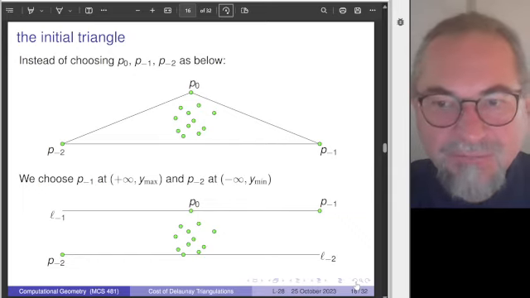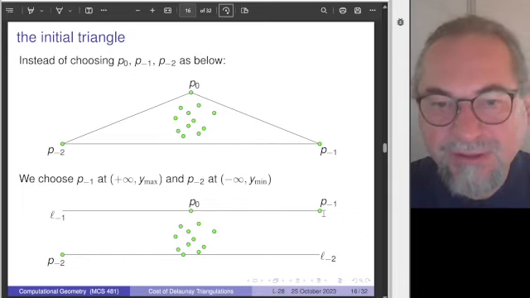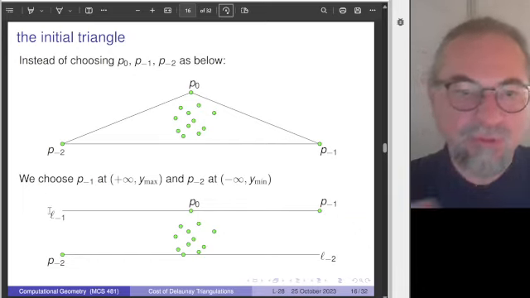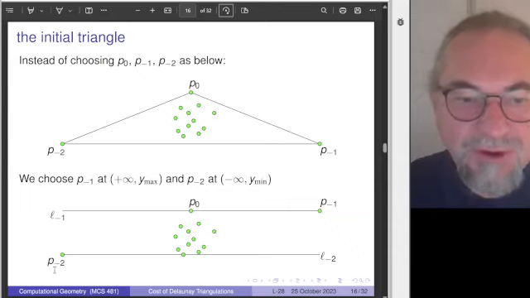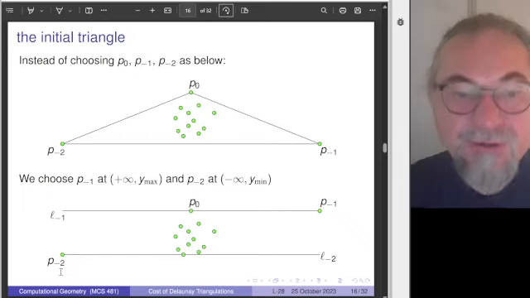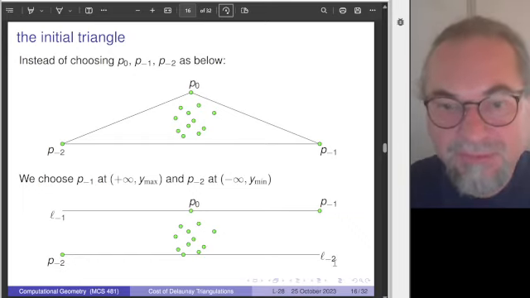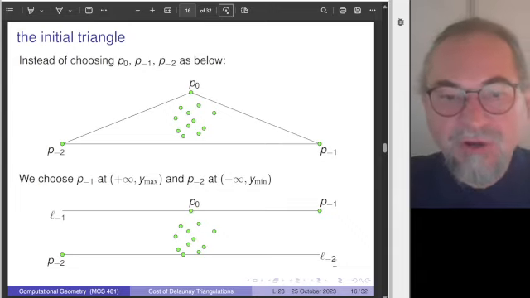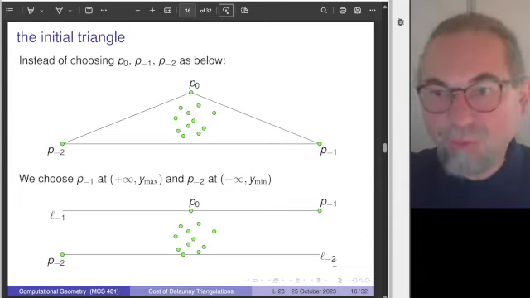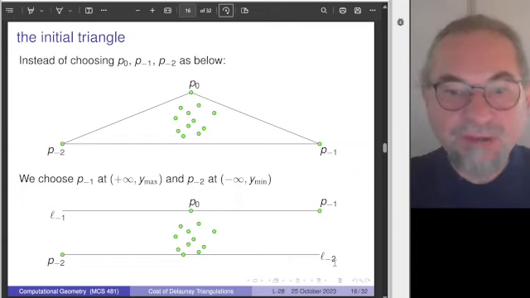One half line at the top starts at the vertex p minus 1 and goes all the way to infinity. The other ray runs from p minus 2 to plus infinity at the other side. So we have the highest and the lowest point. We don't need to worry whether this is the rightmost or the leftmost.